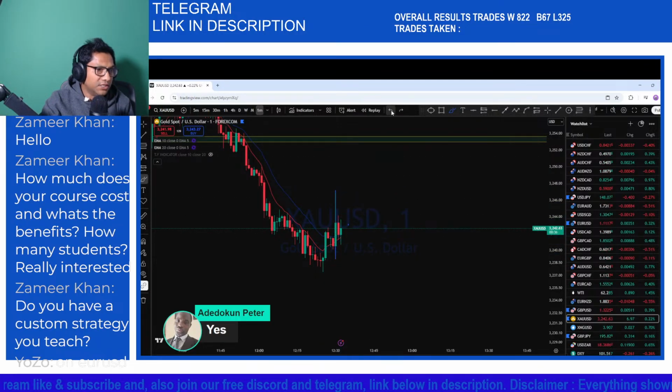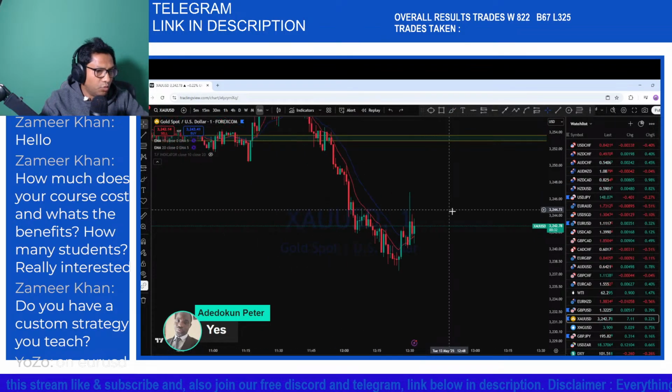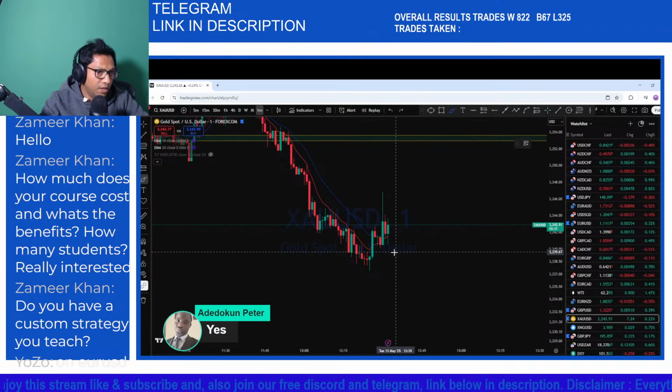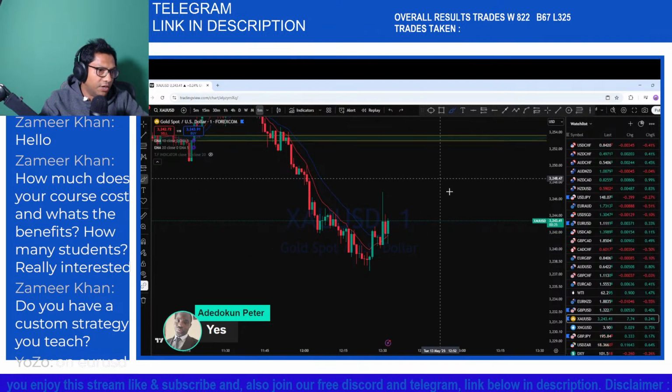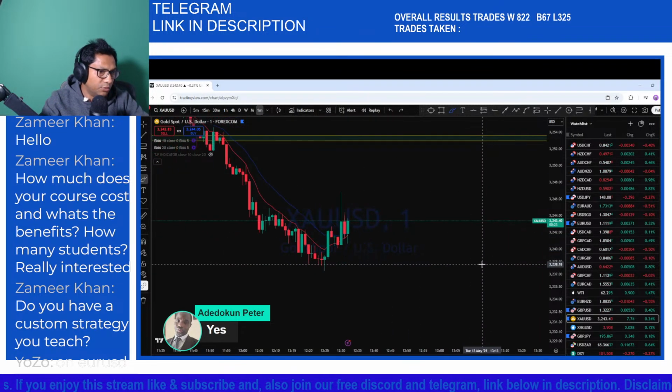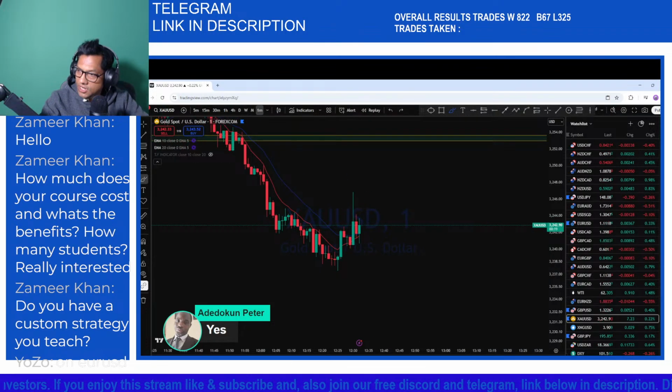So it's in a sideway in that area, and with that sideway market, you can see the price formed an inverted head and shoulders, and with that we can see where the price might be heading to.